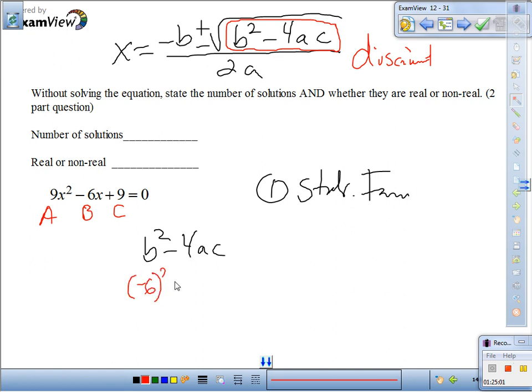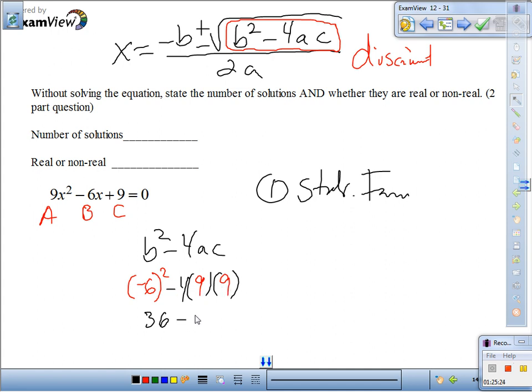So let's substitute those values in here. Negative 6 squared minus 4 times. What is a? 9. And what is c? 9. All right, let's see what we got. This is 36. Let's see, 9 times 9 is 81 times 4.